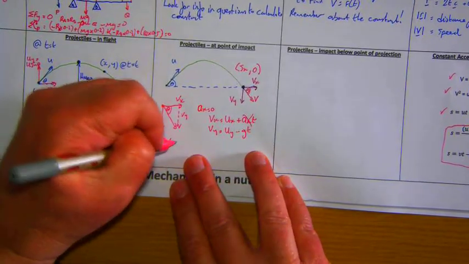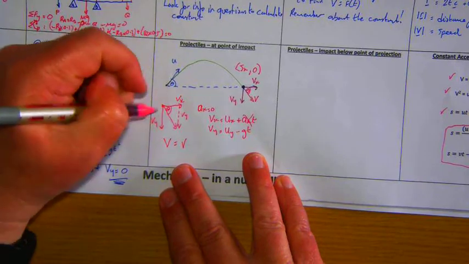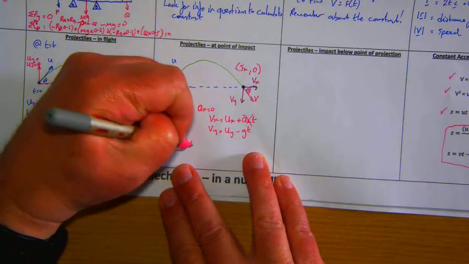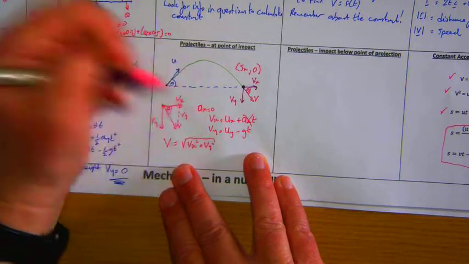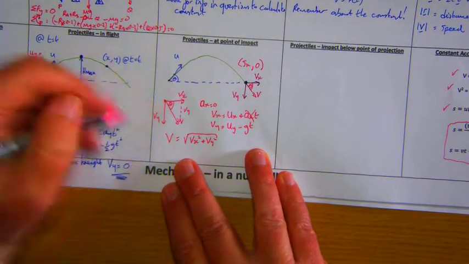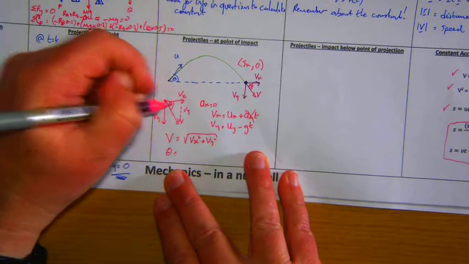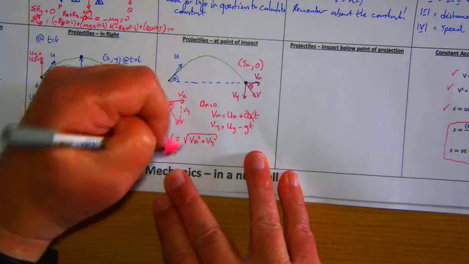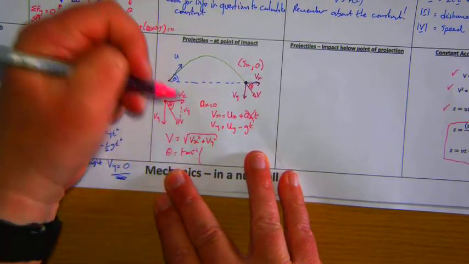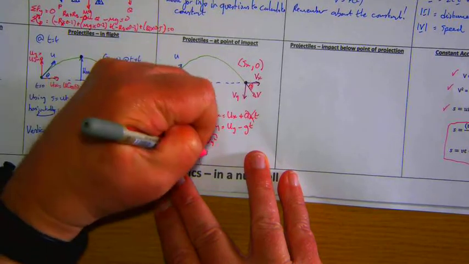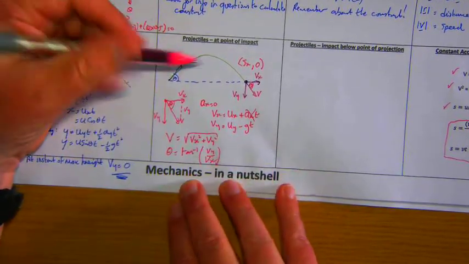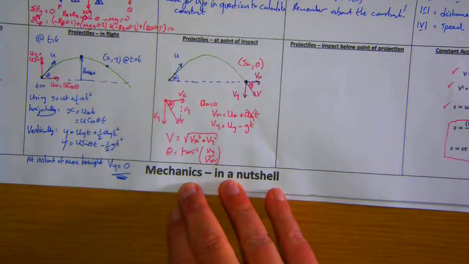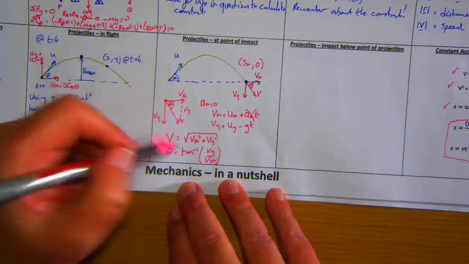V is going to be Pythag, it's the hypotenuse, so that would be Vx squared plus Vy squared. And the direction is usually the angle below the horizontal, which will be tan to the minus 1 of opposite over adjacent. So to work out the speed and direction of the particle when it hits the ground, that's what you're going to do.